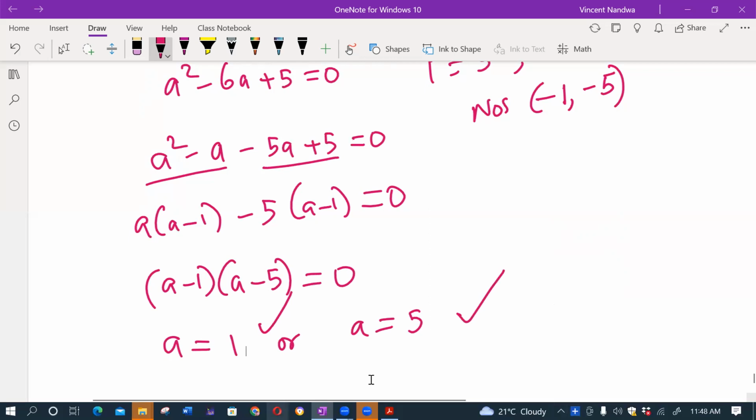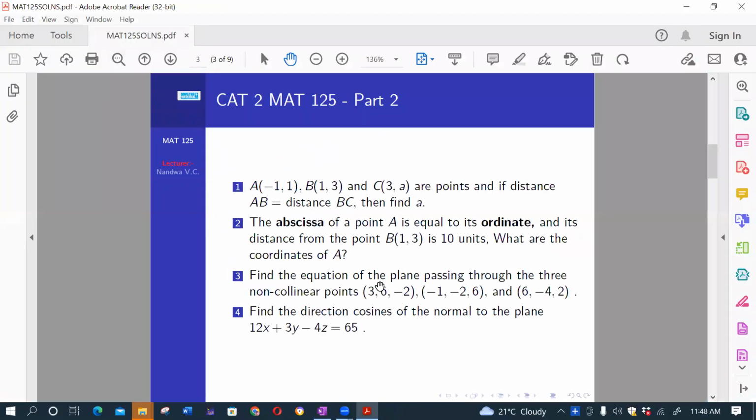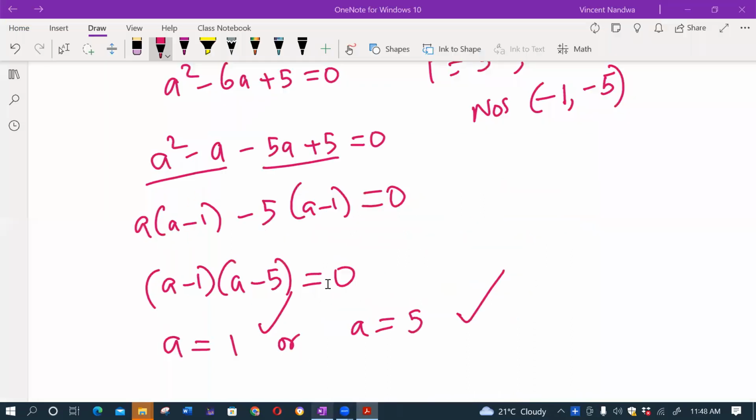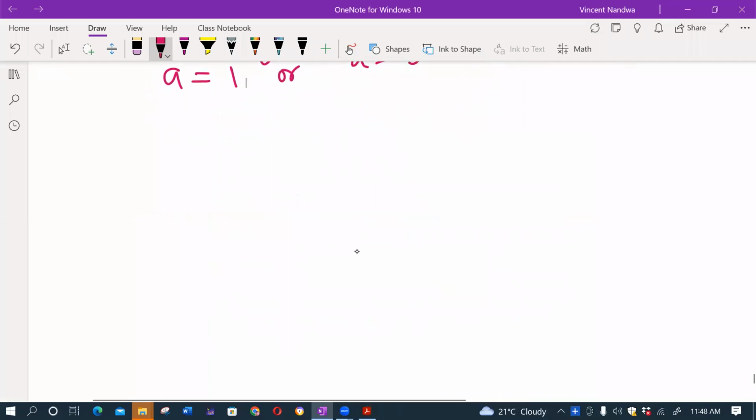Then the next question is the abscissa of a point A is equal to its ordinate. Remember, abscissa means the x value in the coordinate, and ordinate means the y value in a point. So given that the distance from B is 10 units, find the coordinates of A. So if we have this as our point A, and we have a point B, abscissa and ordinate of A are equal.